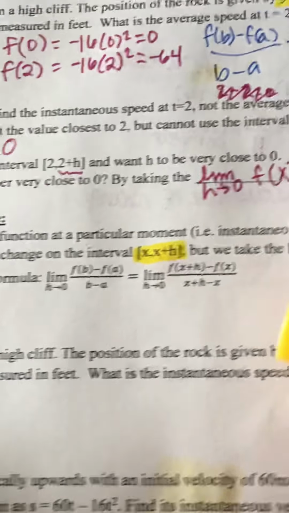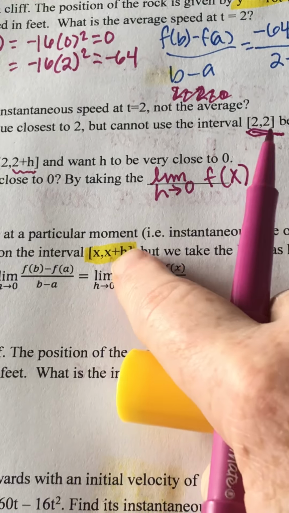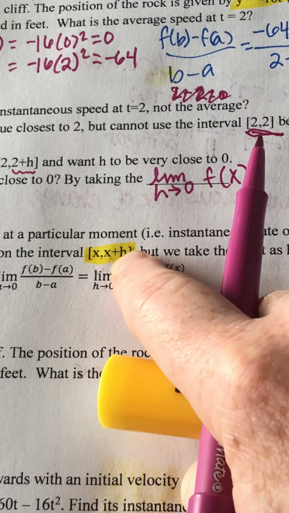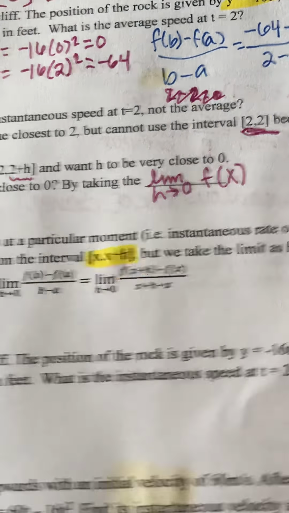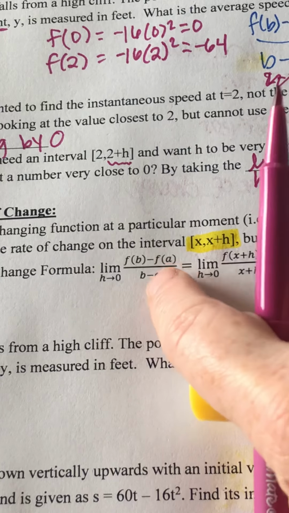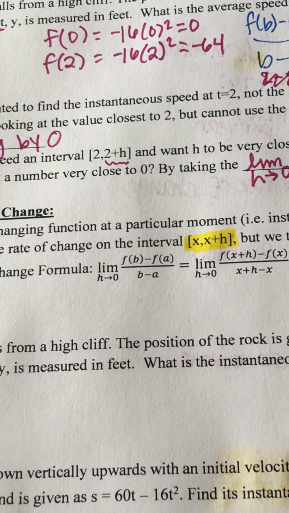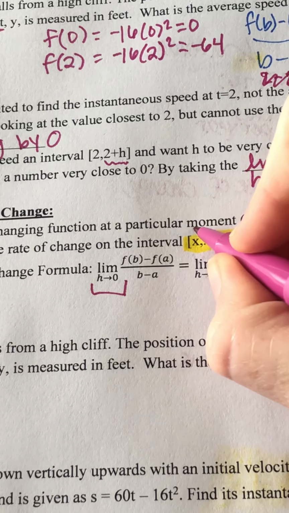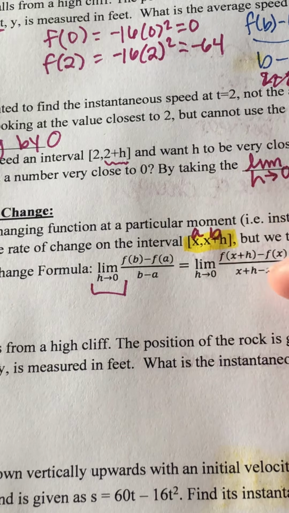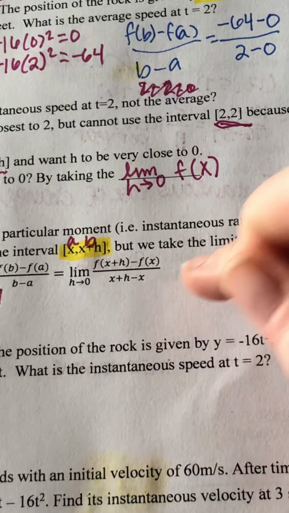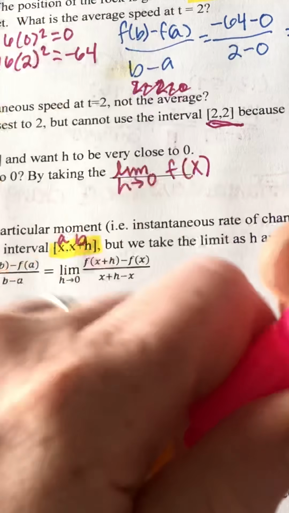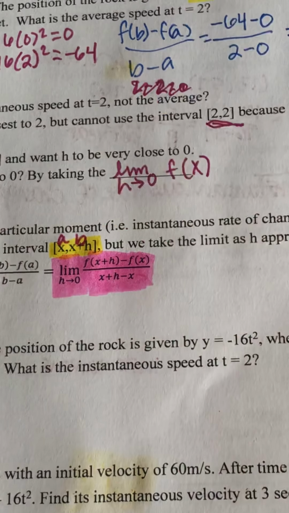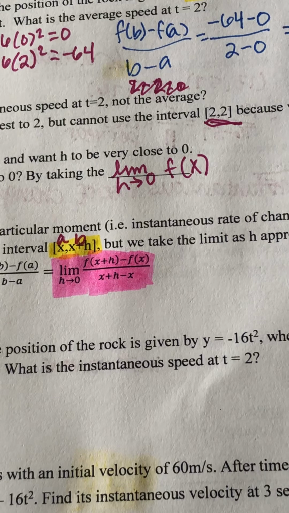Just like we've done before with a limit, we take it to 0, and then we won't technically be dividing by 0 anymore. However, it still comes from your average formula. It's just adding a limit in front. Because if this was a and this was b, and it was all plugged into the formula, you would get this instantaneous rate of change formula here. So highlight that for your notes or star it so you always have that formula.